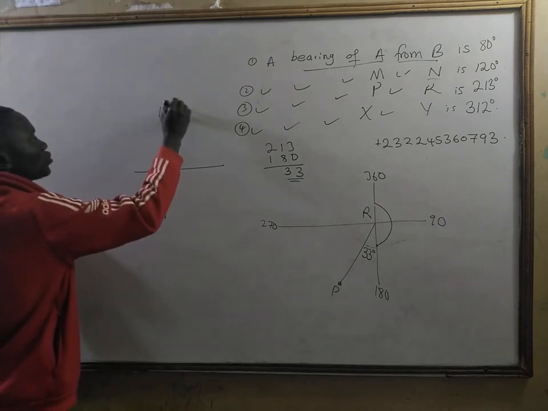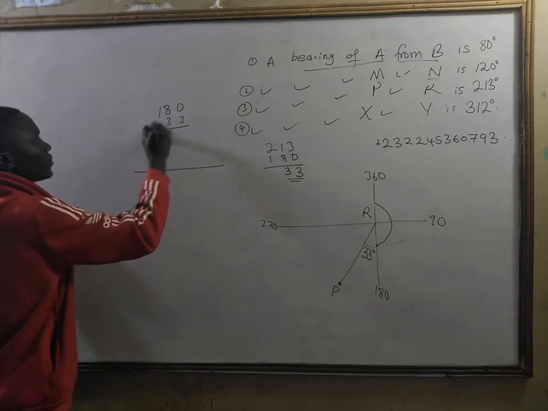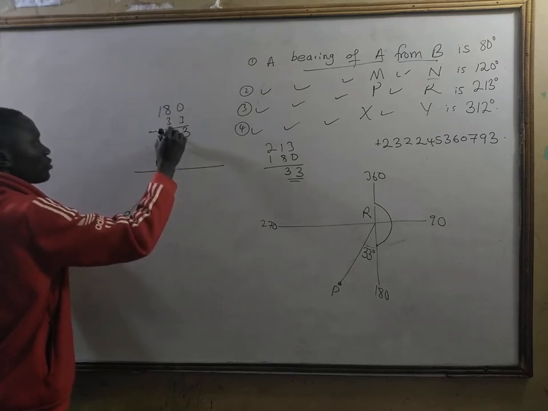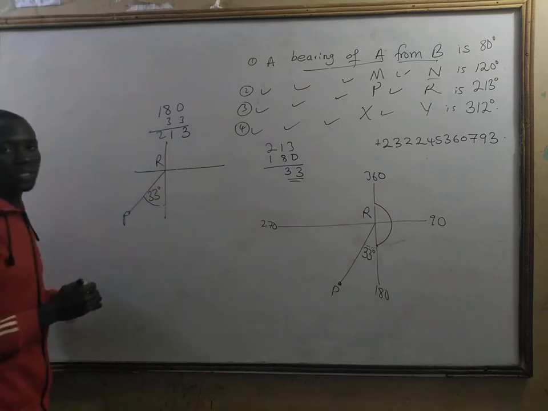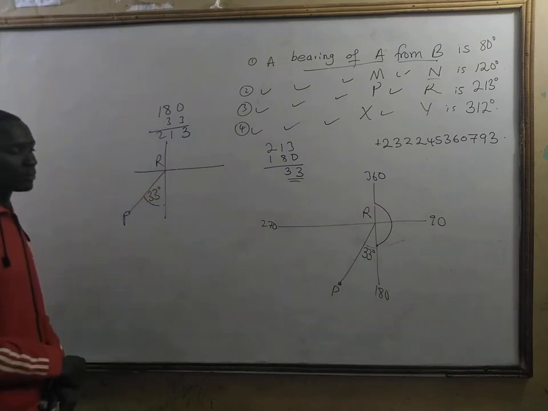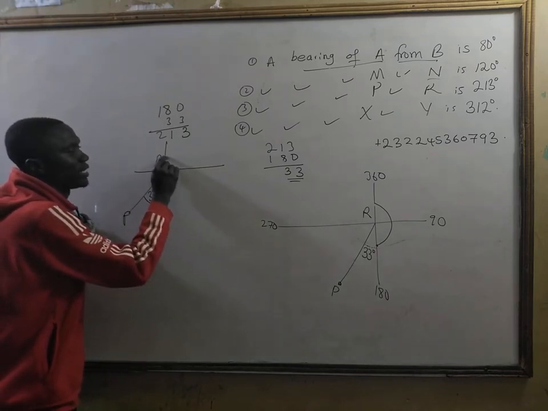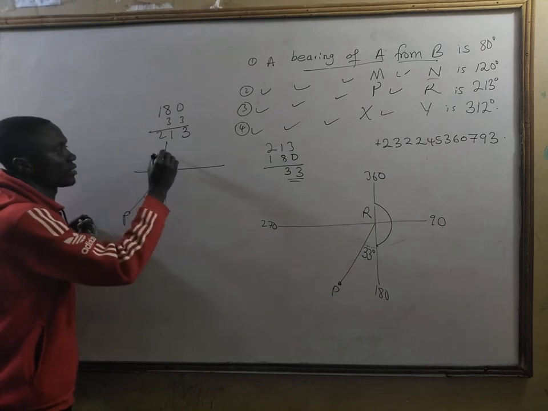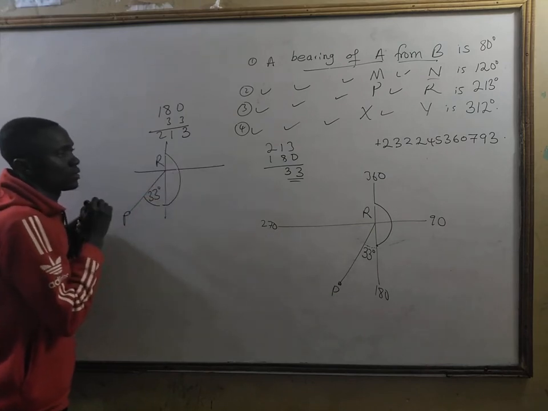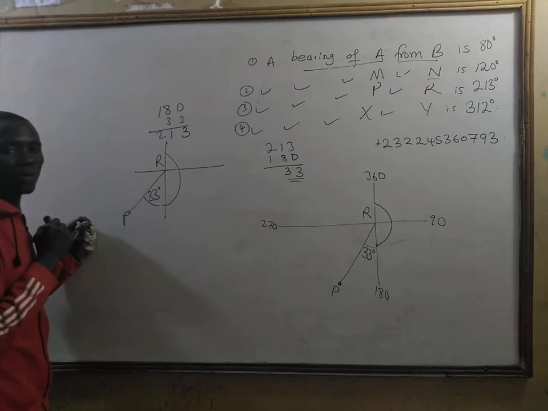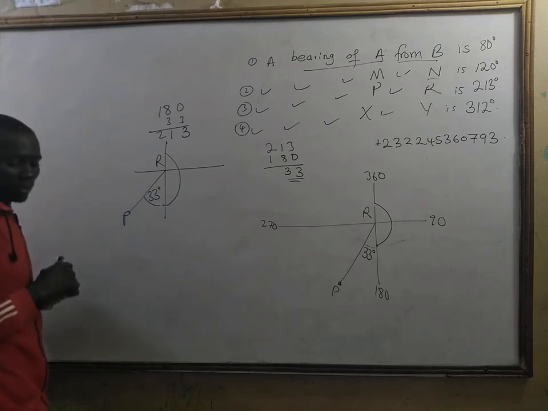Let's add this to confirm. This is 33. 180 plus 33 is 213. So that's correct. So check that one in a very simple way. We only need this angle to add to the rest of the 180 to make it 213 degrees. Wow.